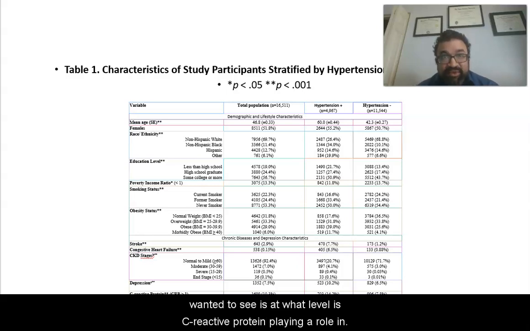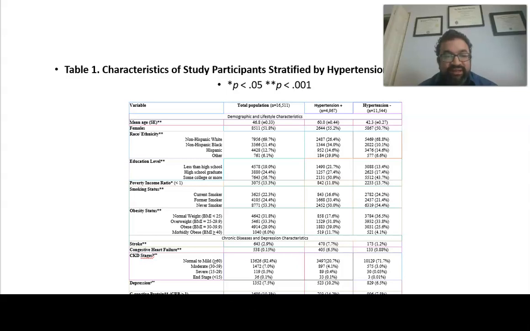So the next thing that we wanted to see is at what level is C-reactive protein playing a role in depression. So if we were to create a prediction score for depression, then at that level would C-reactive protein be elevated. So that's what we wanted to see.